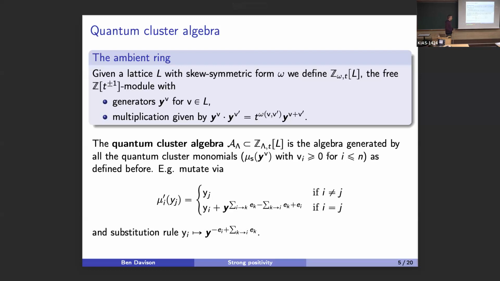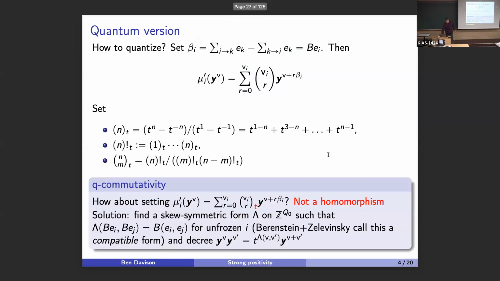What else? Lambda, I kind of breezed past this. So lambda is this skew-symmetric form which satisfies this maybe quite hard to parse in real time relation.